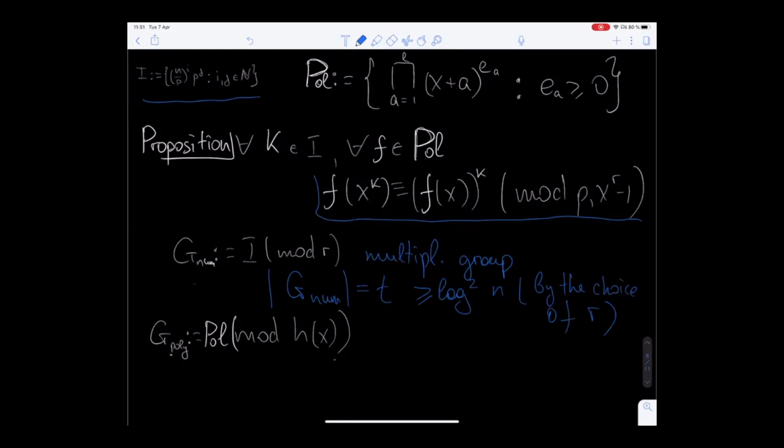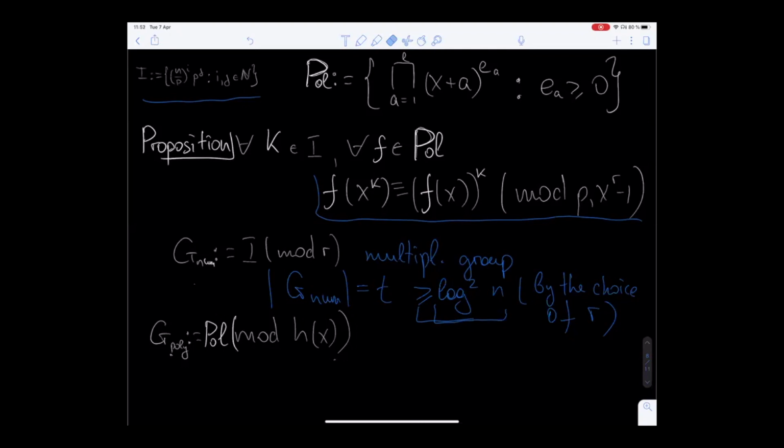Because n has large order modulo r. We agreed that n has at least log squared n order, and n to the power i belongs to this group, and thus the elements n, n squared, etc., n to the log squared n give us different elements. Okay, so the group is relatively large.